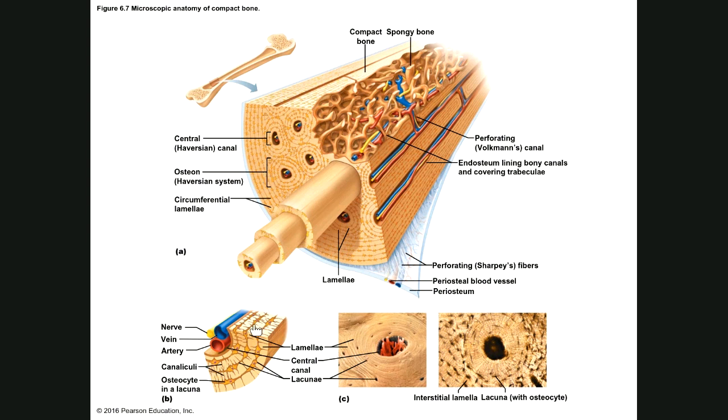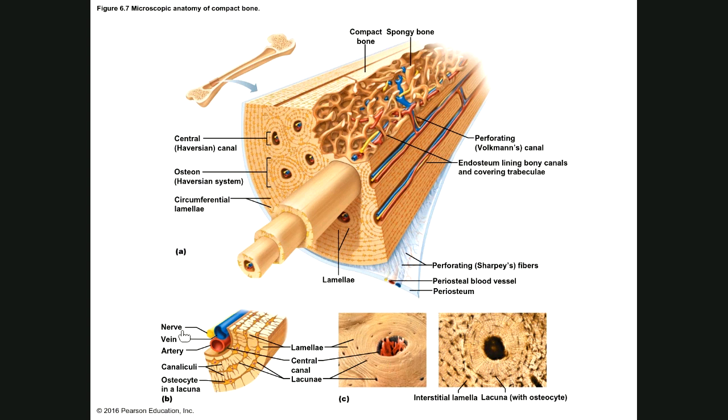And sort of what we're seeing is half of an osteon down here, and you can see it a little bit closer up. Central canal in the middle, and we're going to have our lamellae. The lamellae are these rings that surround the central canal.